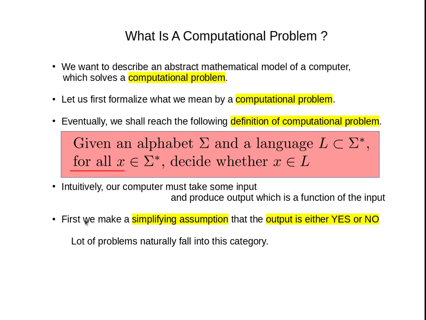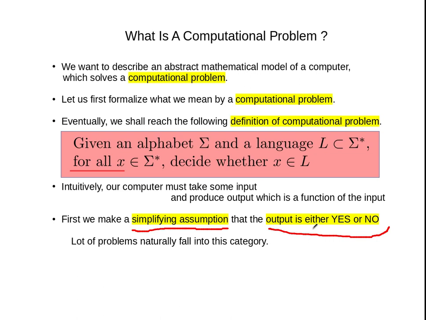The first step is a simplifying assumption: that our output is either yes or no. Okay, so it's a binary output.